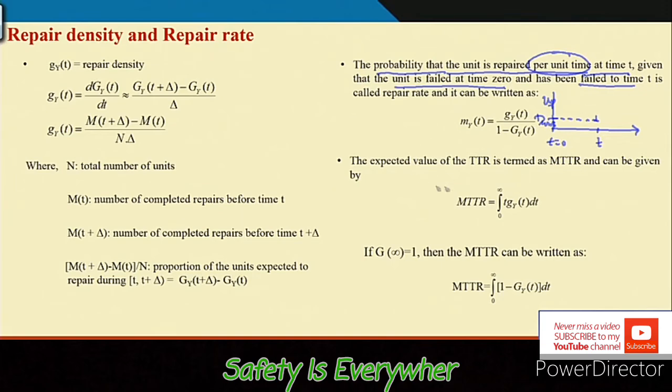This is a conditional one, that means up to time t it is in the failed state, not repaired, and after t it will be repaired. What is that quantity? This quantity is denoted by our repair rate.